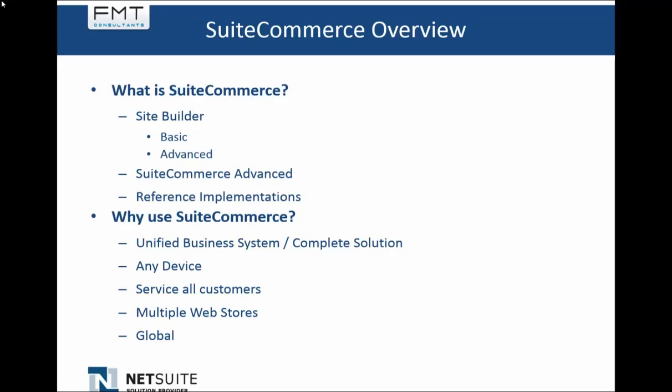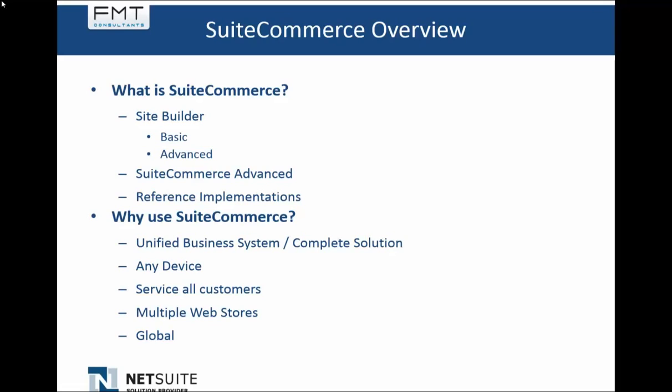It interacts with the items and the customers, and very little HTML or programming knowledge is required to manage it. Site Builder Advanced is a more advanced option of SuiteCommerce. It gives you the ability to customize forms and to add your SuiteScript code on different templates, and it gives you way more power.